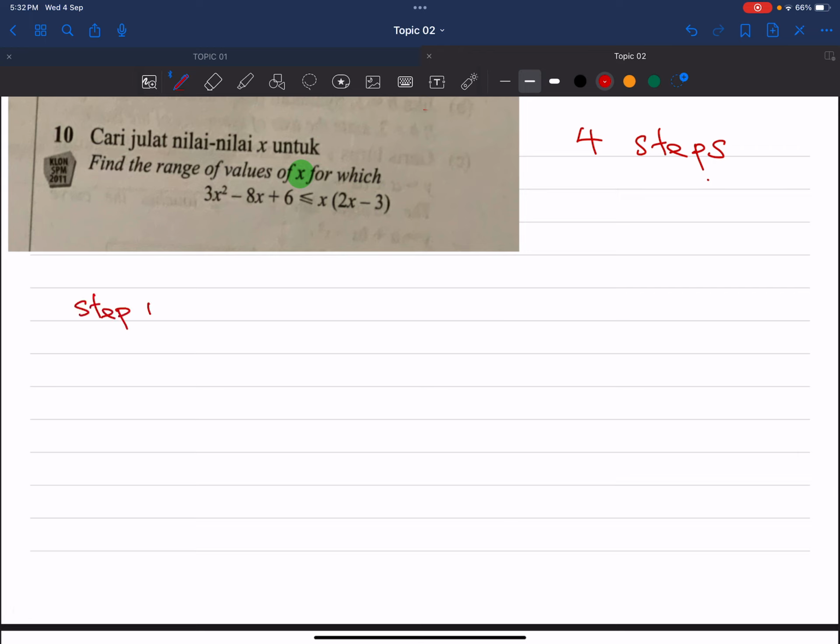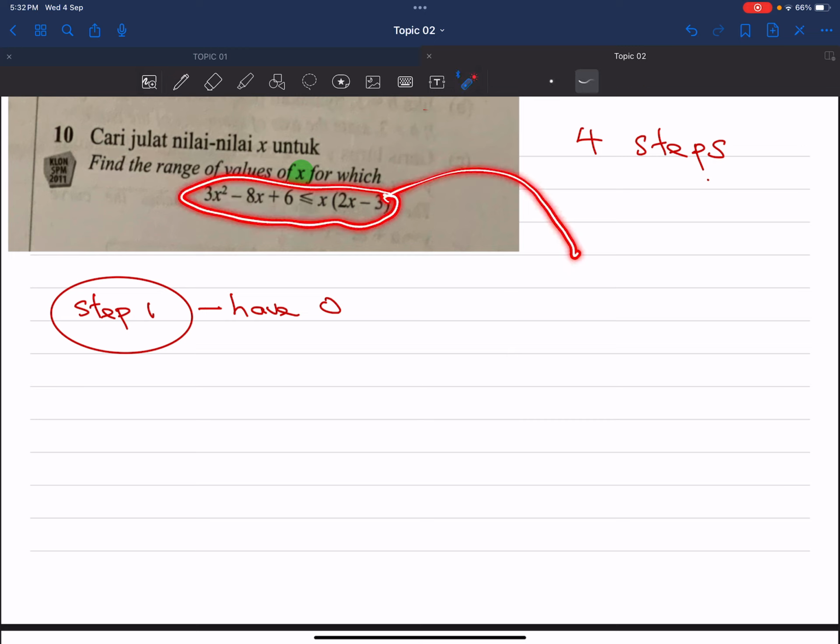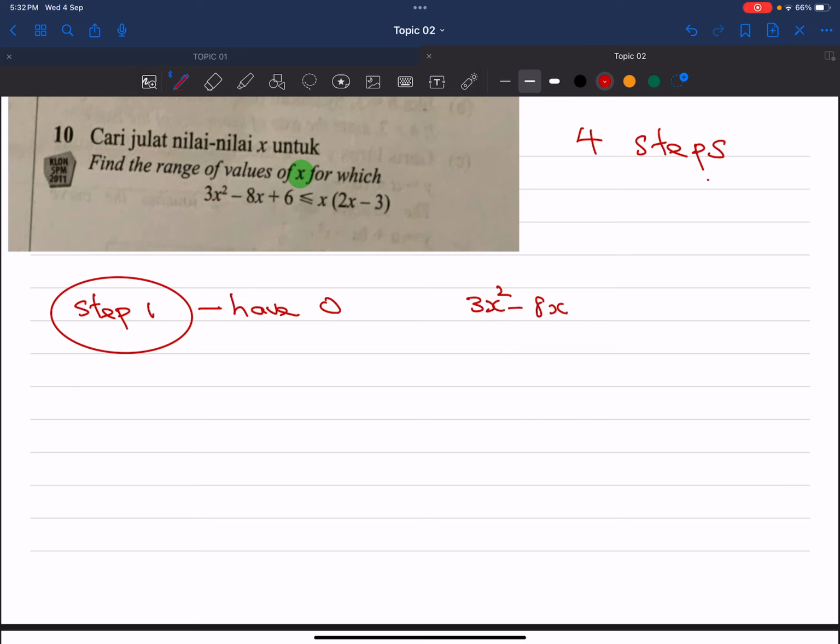In step 1, the given expression must have 0. If we look at the given expression, 3x squared minus 8x plus 6 less than or equal to x brackets 2x minus 3, there is no 0.